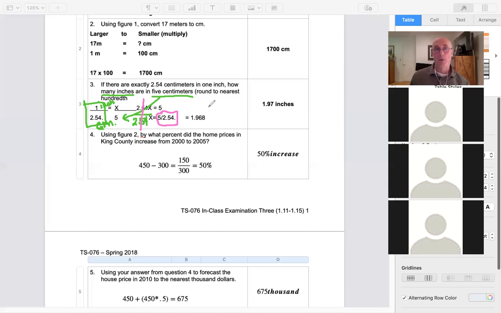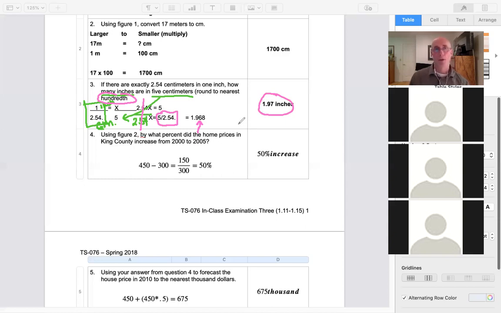It says to round to the nearest hundredth. This number is in the hundredth place: tenth, hundredth, thousandth. The number to the right is 5 or more, so it becomes 1.97, and that's why this answer says 1.97.